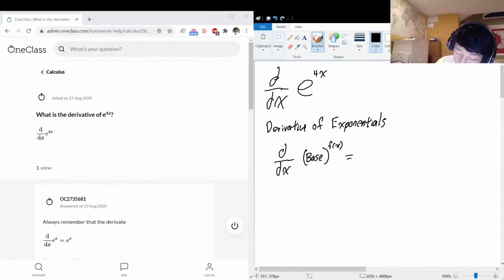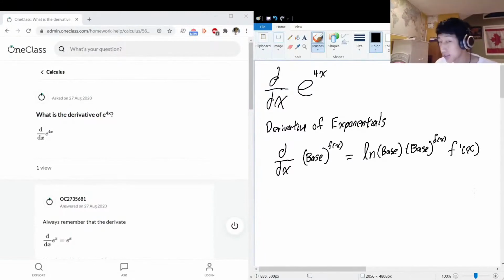The answer to this is the natural logarithm of the base multiplied by base to the power of f of x, multiplied by the derivative of f of x, which is the power.